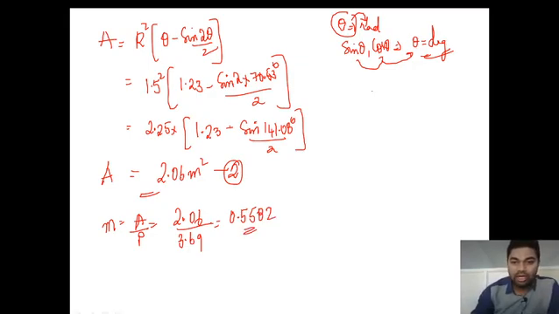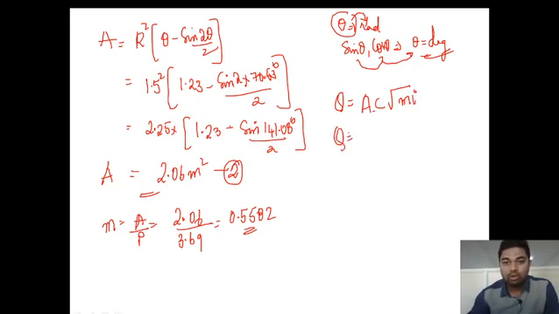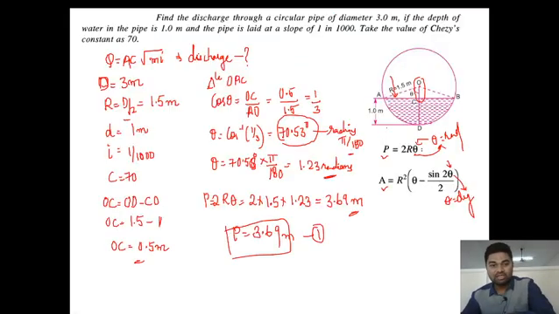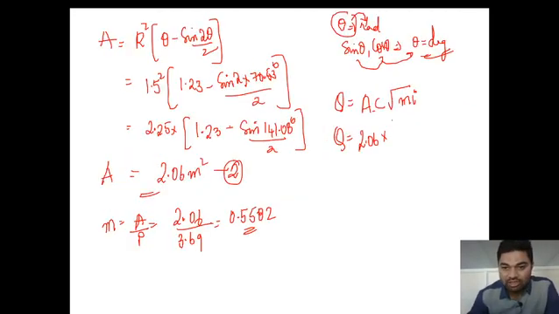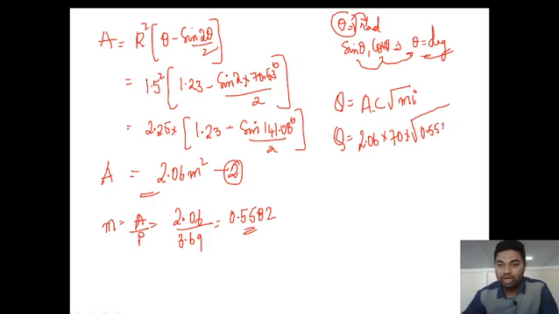Now the discharge can be given by Q is equal to AC under root mi. So Q is equal to A, 2.06, into C, Chezy's constant, which is 70, into under root of m, 0.5582, into i, which is 1 by 1000.